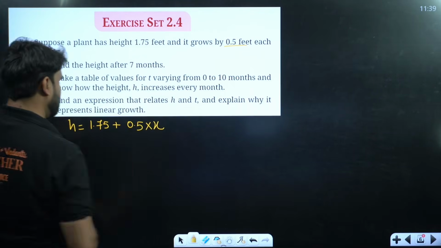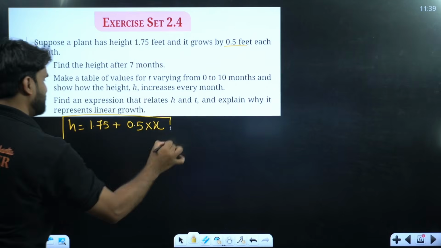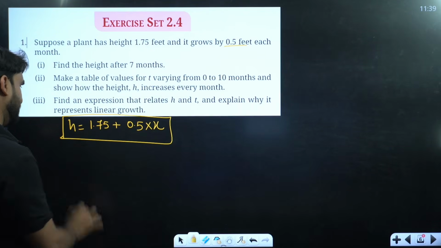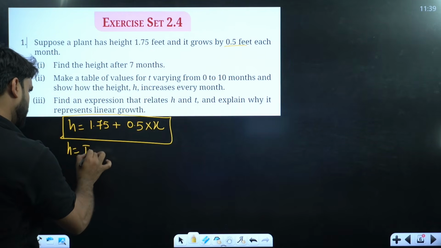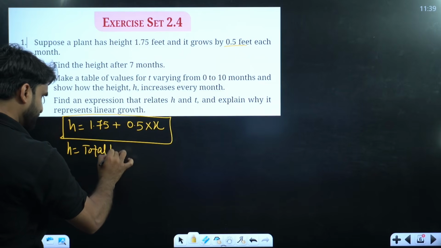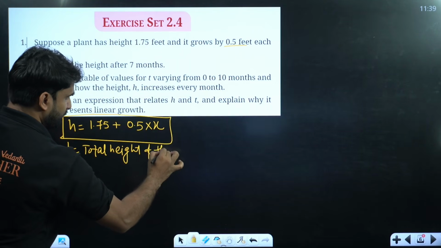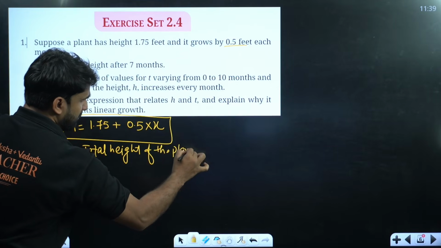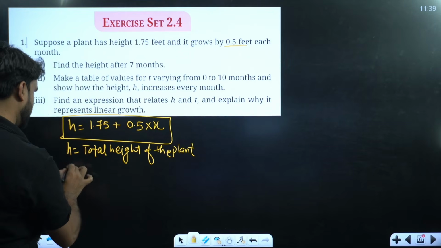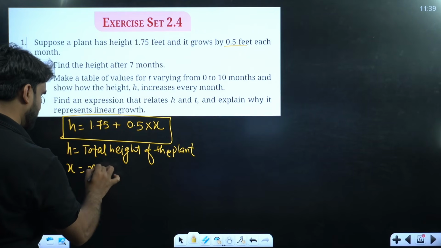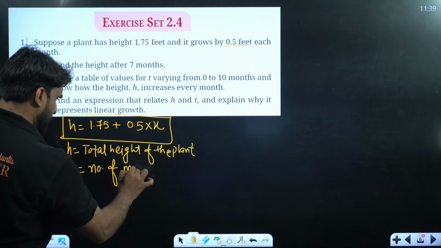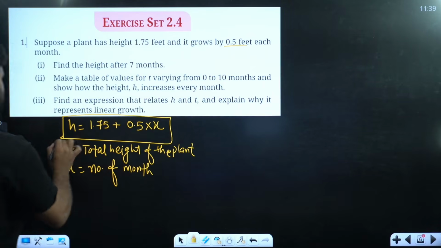So this is the equation: h is equal to 1.75 plus 0.5x. Here h is the total height of the plant, and x is the number of months. So we can use the equation.